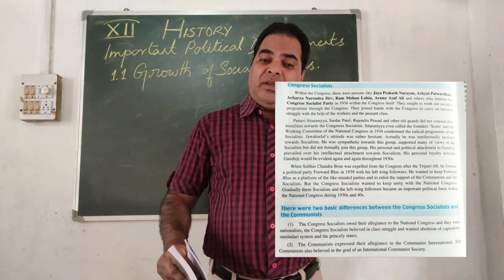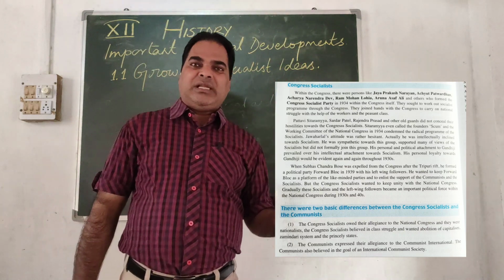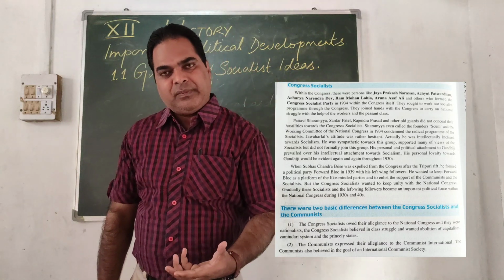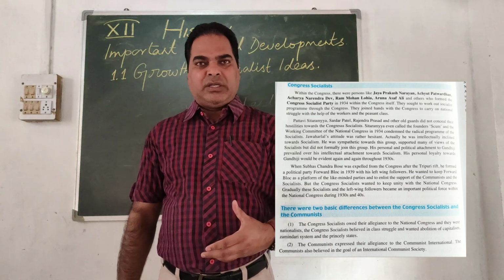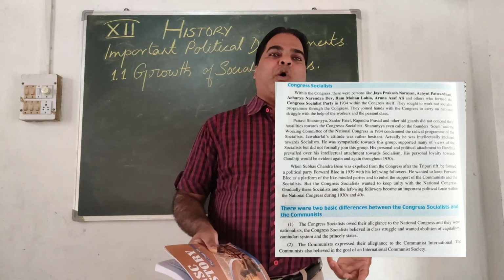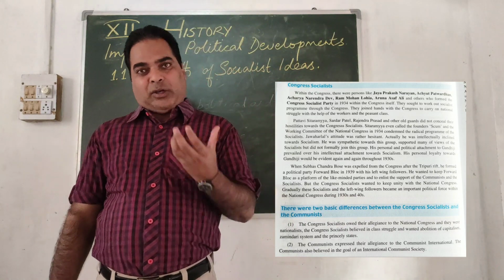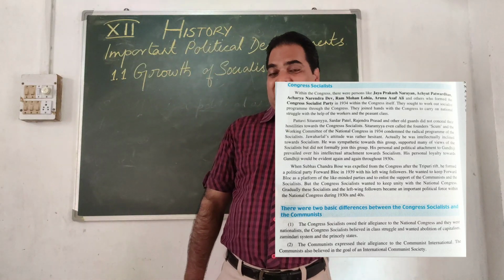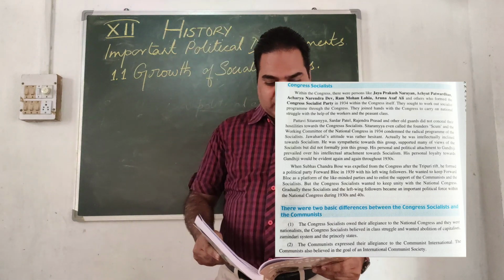Would they be obedient to the Communist International? It was nothing like that. The Congress socialists owed allegiance to the Congress party, that means they obeyed Congress, whereas the Communist party owed its allegiance to the Communist International. That is the difference between Congress socialism and the Communists.